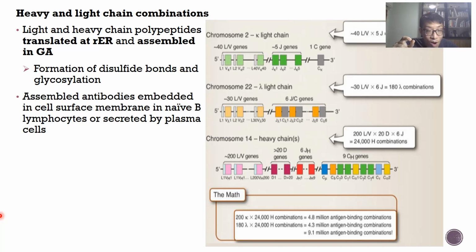They all differ at the variable region, because the variable region is coded for by different combinations of VJ for the light chain and VDJ for the heavy chain. Once the particular B cell has synthesized the light chain and heavy chain polypeptides at the rough ER, then the whole protein synthesis process would continue.